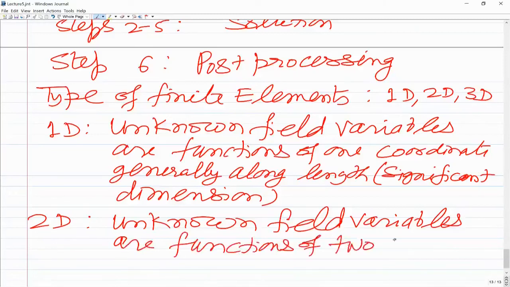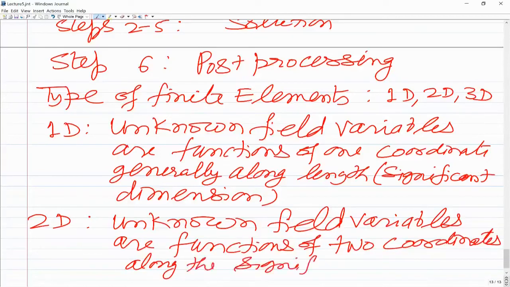Those two coordinates are along the most significant dimensions. In general, of course, in specific cases, it can be the reverse.